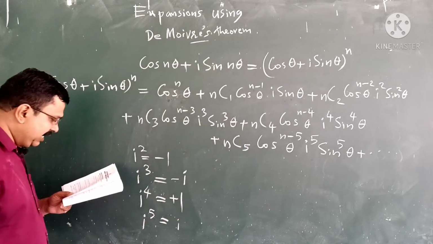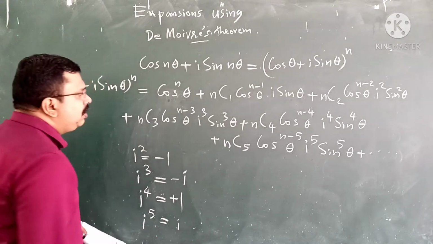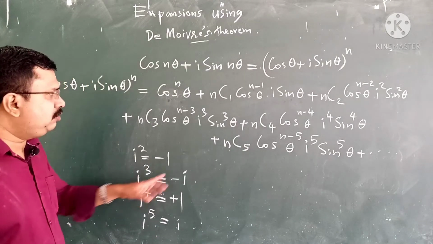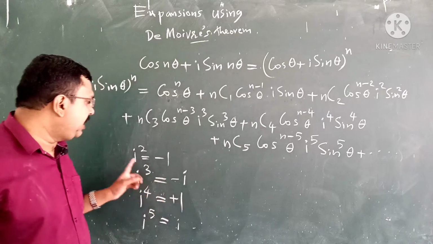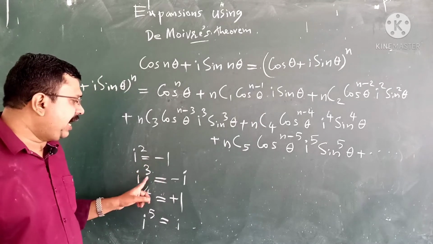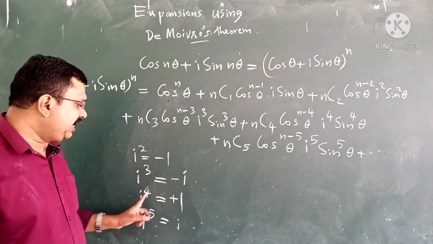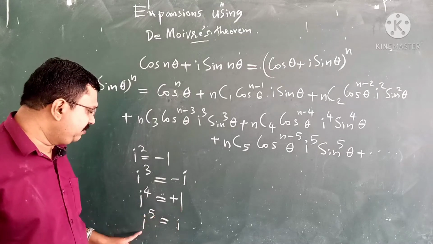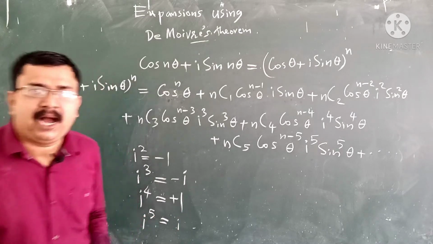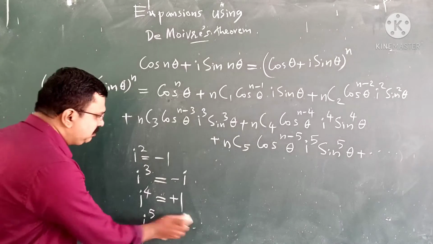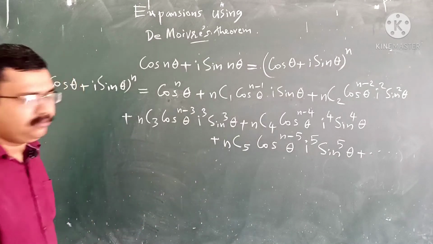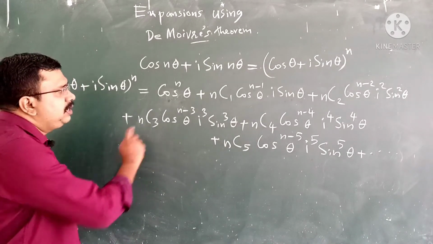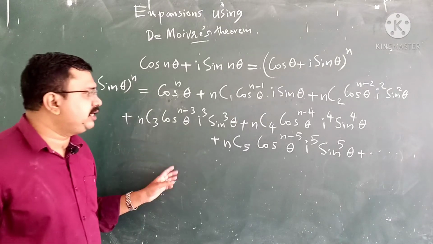That is I. I raised to 5 is I, etc. Okay, replace these values in this equation. I square is minus 1, I cube is minus I, I raised to 4 is plus 1, I raised to 5 is I. Apply these values to this equation.